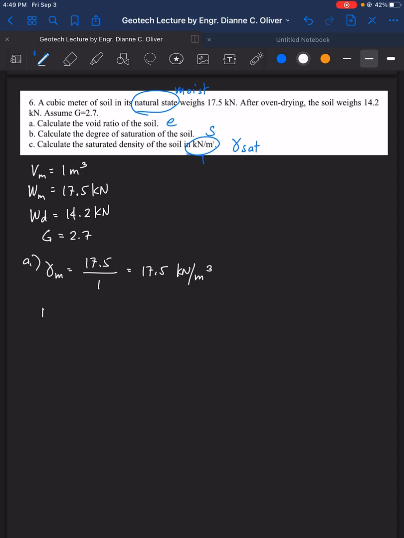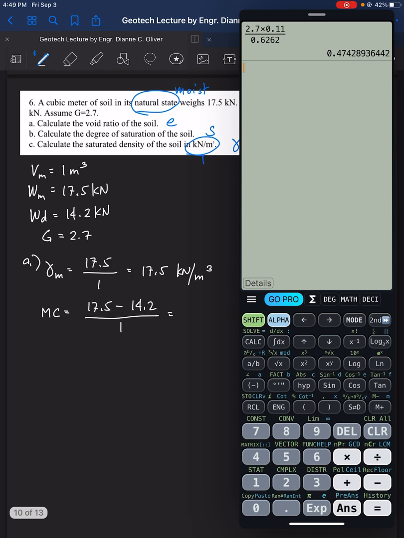Then we have the moisture content as 17.5 minus 14.2 divided by 1. So moisture content is 17.5 minus 14.2.